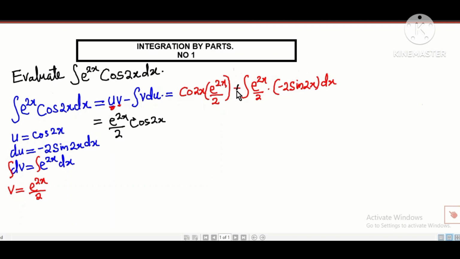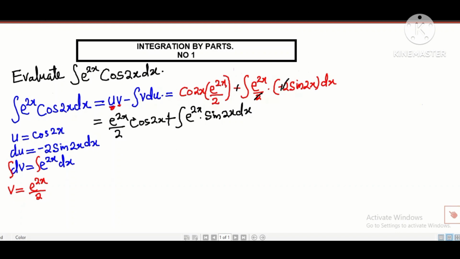Then remember this minus and this minus are multiplying, so they turn to plus, and this 2 is going to cancel this 2. So I'm going to have plus the integral of e to the power 2x multiplied by sine 2x dx.